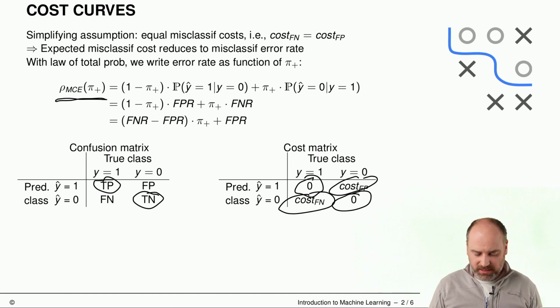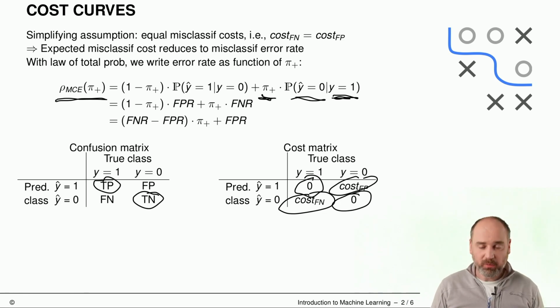I guess there are two cases to consider. One case is we produce a positive example. For that we have the probability pi plus in our data generating process, and now we multiply that with the conditional probability of, assuming we have a positive class with a label of +1, that we produce a prediction of 0.